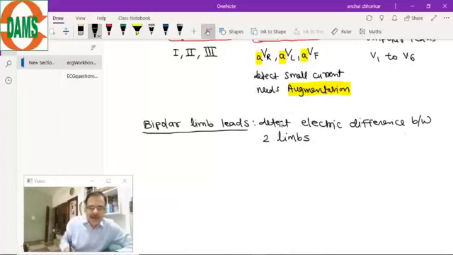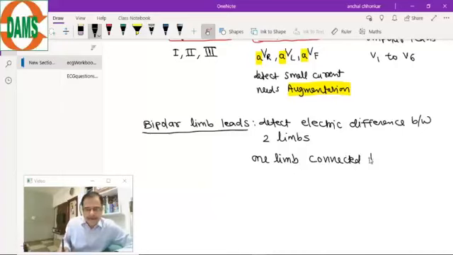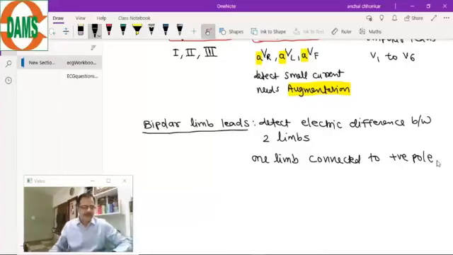So this is the bipolar limb lead system in which one limb is connected to the positive pole. One limb is connected to the positive pole of the galvanometer.